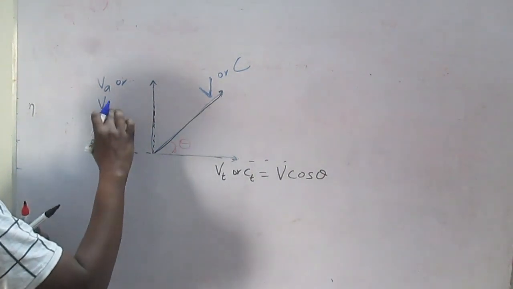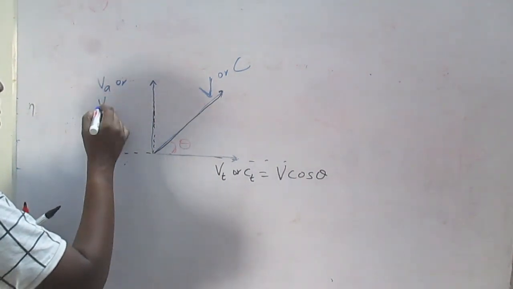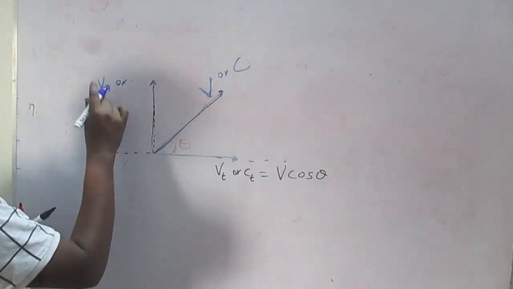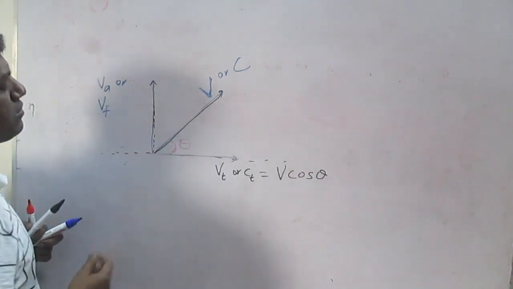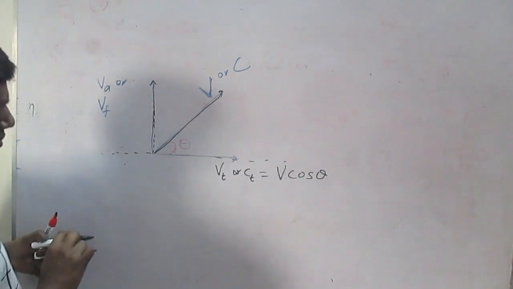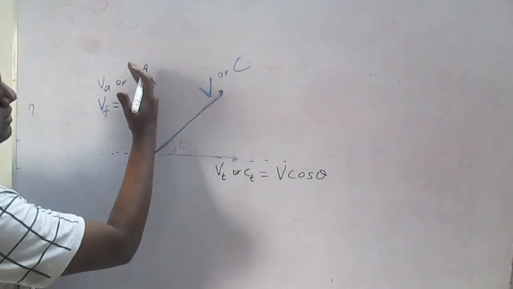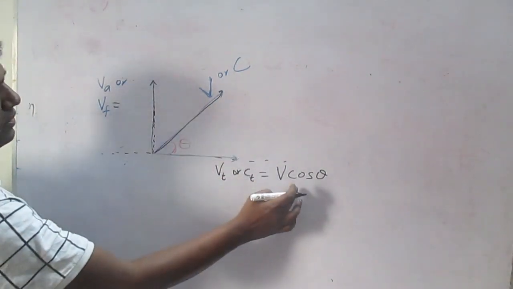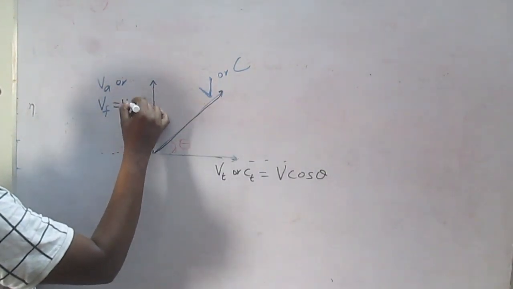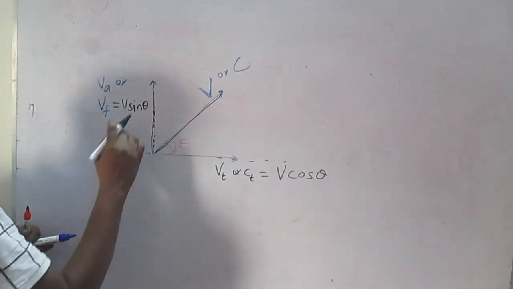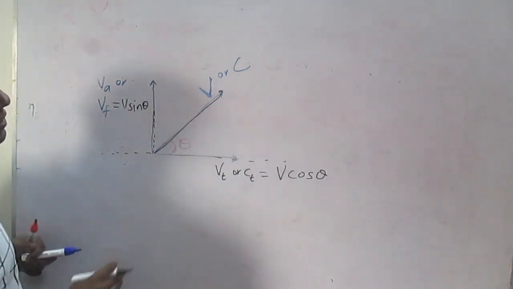Let's use only two notations, VA or VF, for the vertical component. It is equal to V sin theta. Now we have both the vertical and horizontal components.